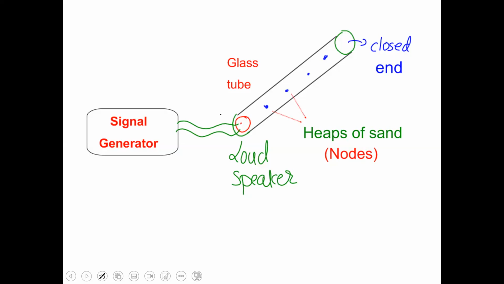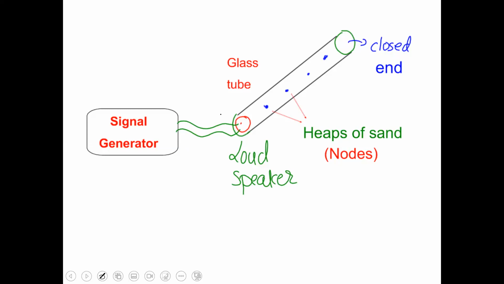We have this apparatus, we will switch on the signal generator, and a sound pulse will be produced. It will reflect from the closed end and a stationary wave is produced. Why will heaps be produced? Because the dust particles will be taken off by the waves, and they produce heaps.